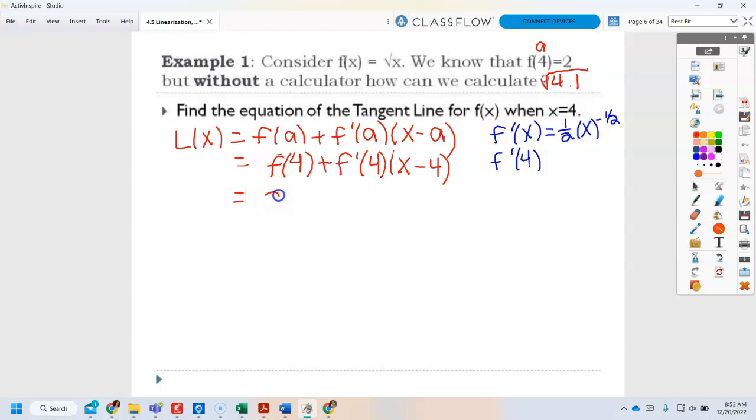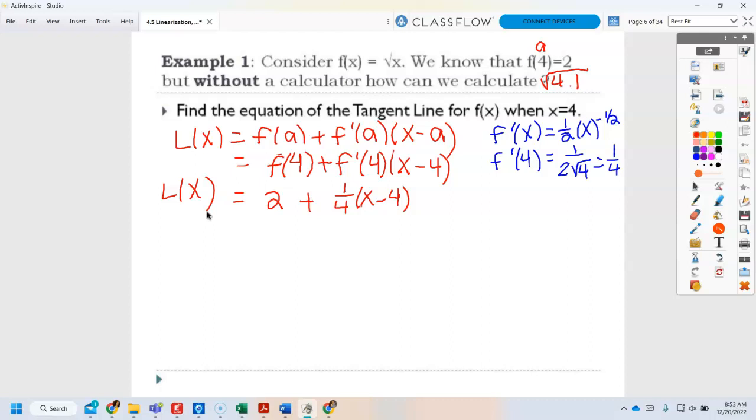So that's where you get 2 plus, again, f prime of 4, which is 1 over 2 square roots of 4, which is 1 over 2 times 2, or 1/4. So the linear approximation for this function is as follows.